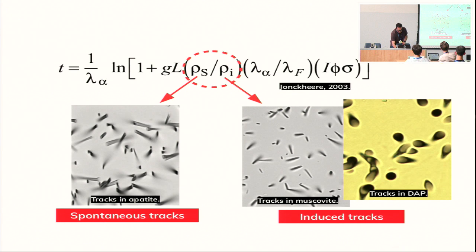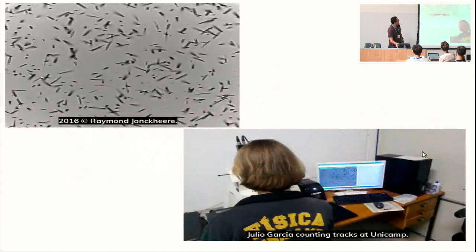So, to use this equation, we need to measure these densities. What's the issue in that? This is one of the images that we use to work. If you'd like to know the age of that mineral, imagine yourself counting hundreds of images like that, just for one region.